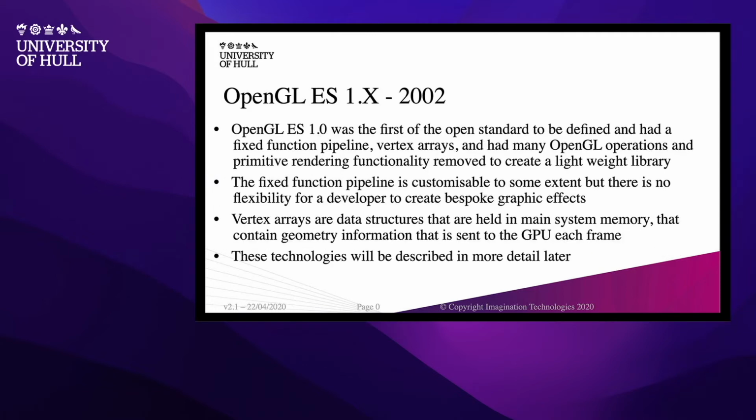Now, it was the first open standard, and it had a fixed function pipeline. What that means is you got what you were given. So fixed function meant that you couldn't use shader code. You couldn't basically override the default functionality of the GPU.